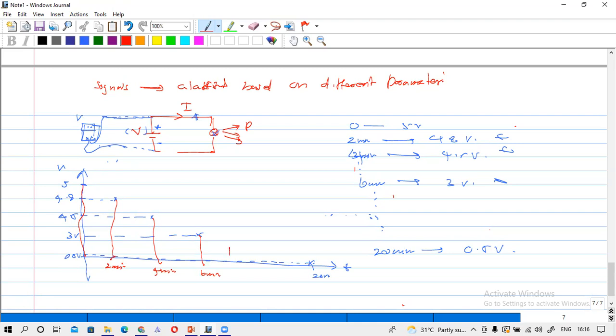And we have other voltage values like this. So this may be 8 minutes, this may be 10 minutes, 12, 14, 16, 18, 20 minutes. Up to 20 minutes, I get some voltage value.